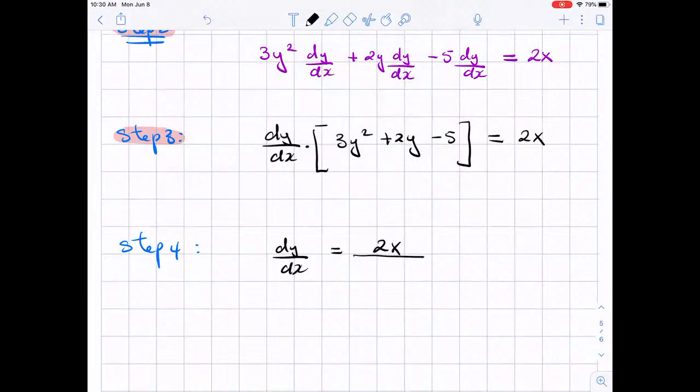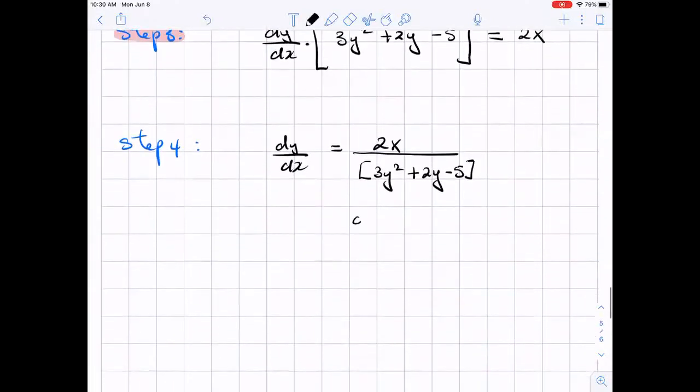So that is divided by the whole parenthesis 3y squared plus 2y minus 5. And that's our final answer. We don't need to write it with the parentheses. So dy/dx is equal to 2x over 3y squared plus 2y minus 5.